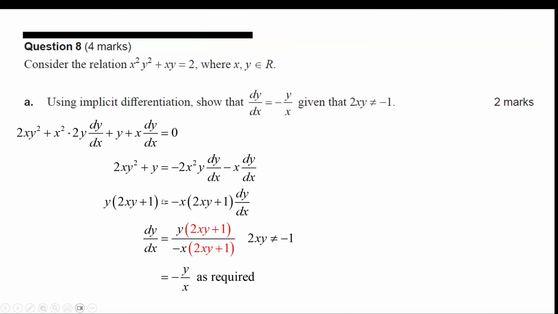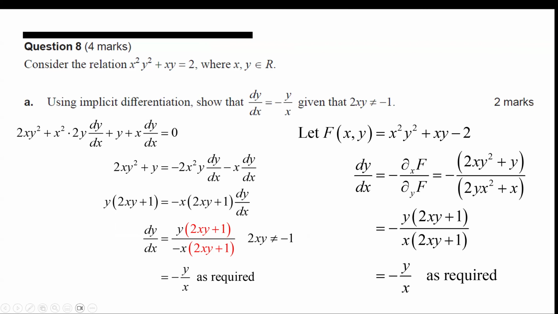But you do have to show explicitly how these two terms are canceled out, either in the middle of your rearrangement or after you divide everything and isolate your dy/dx. I think the assessors need to see a clear factorization for the second mark to be awarded. Of course, it is lovely to see 2xy is not equal to -1 restated somewhere.